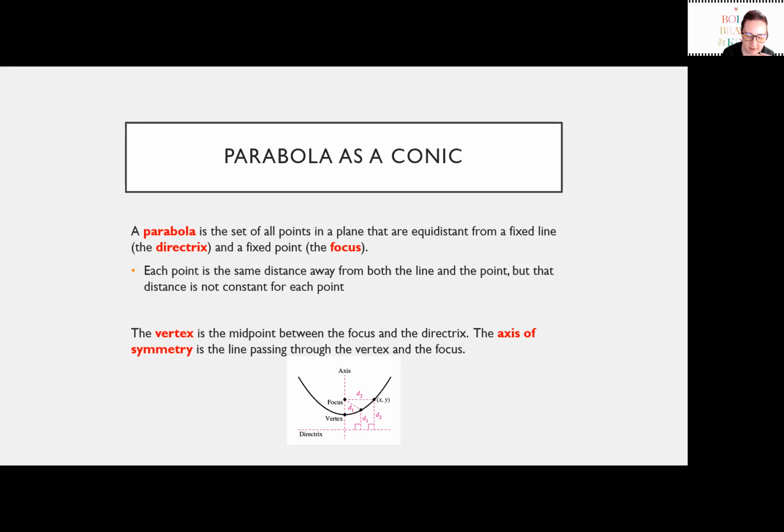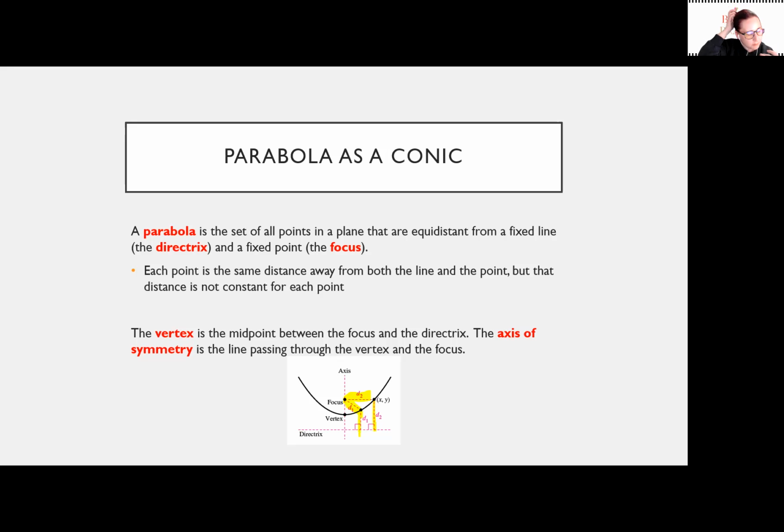So when we've got this image, wherever your point is, these distances sort of form, well, it's not even really a square because you've got different angles, but that distance from the focus is the same as the distance from the directrix.